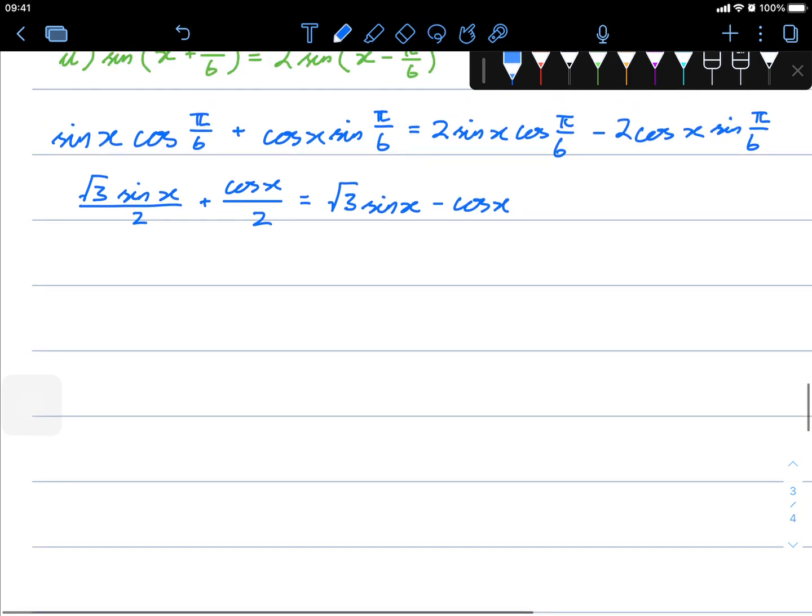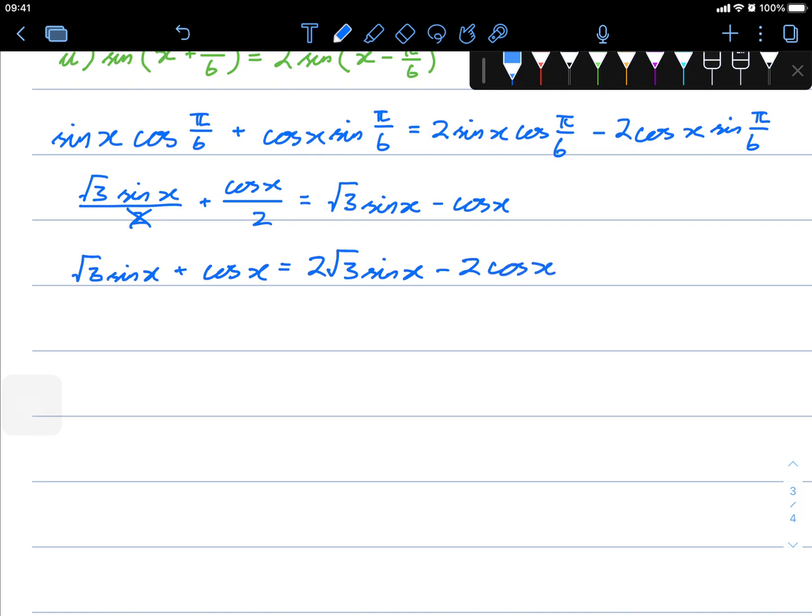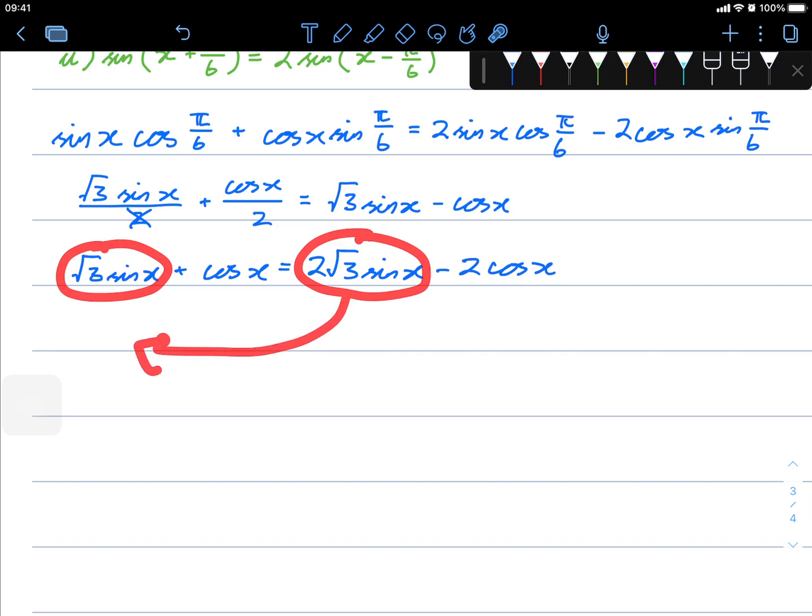To make this a little bit easier for us, we'll multiply everything by 2. So I can get rid of these fractions here. So root 3 sine x plus cos x equals 2 root 3 sine x minus 2 cos x. Moving everything to one side, it gets a little tricky here: root 3 minus 2 root 3, because remember we're moving this to the other side.